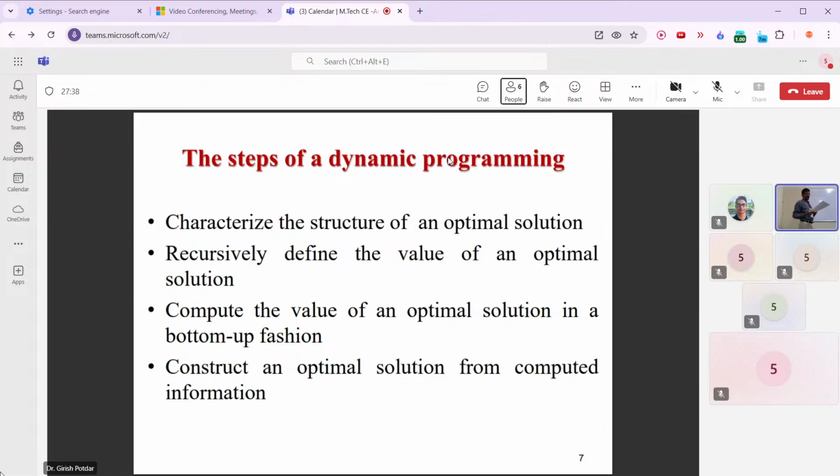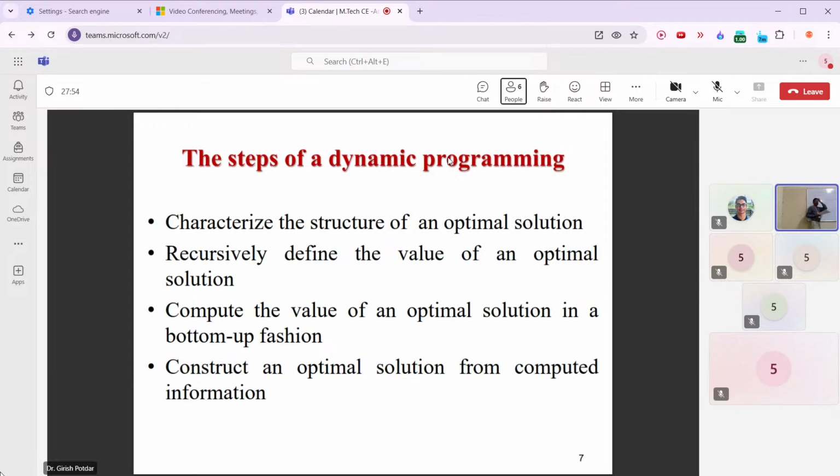The optimality principle states that the sequence of decisions D1 to Dn is optimal if and only if the last k decisions are optimal.